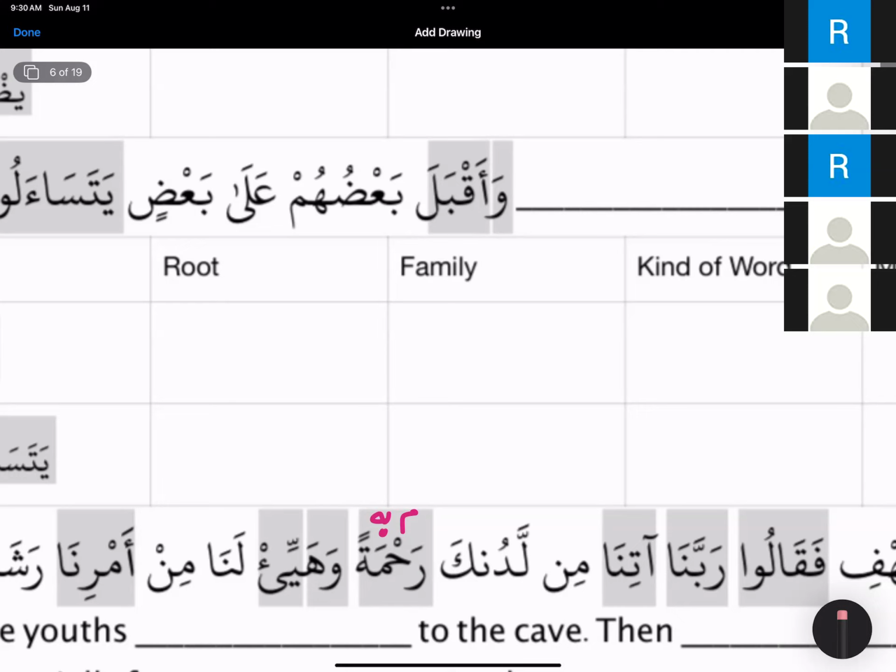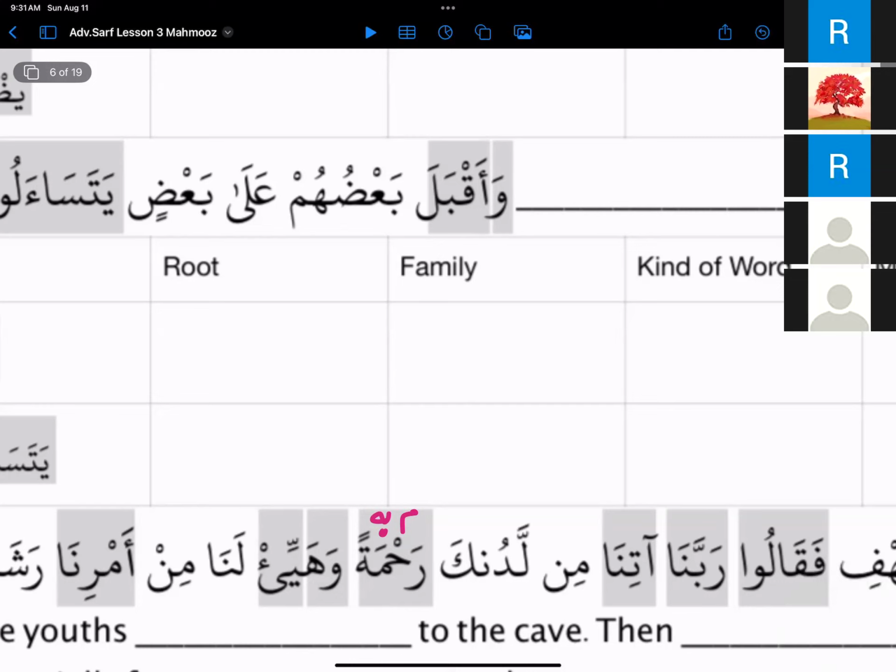How are we going to translate? Aqbala is like facing. So ba'duhum, some of them will face, right? They will be facing each other. Ala ba'din. What is ala ba'din? MBF, right? And it is related to what? For MBF we say mutallik bil. But it looks like it is mutallik bil ba'duhum.